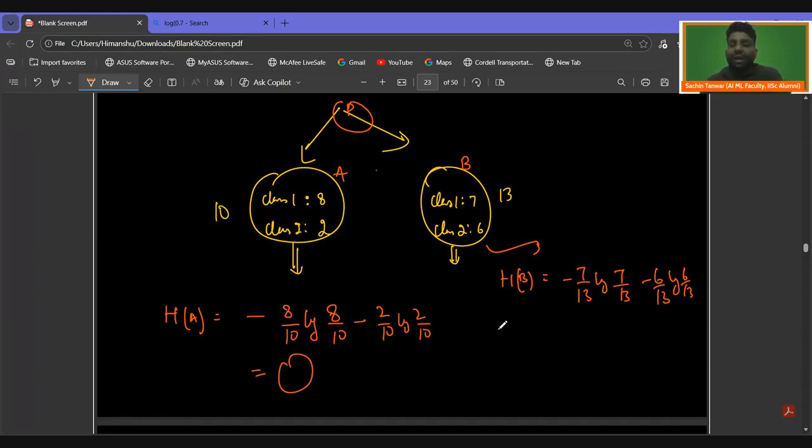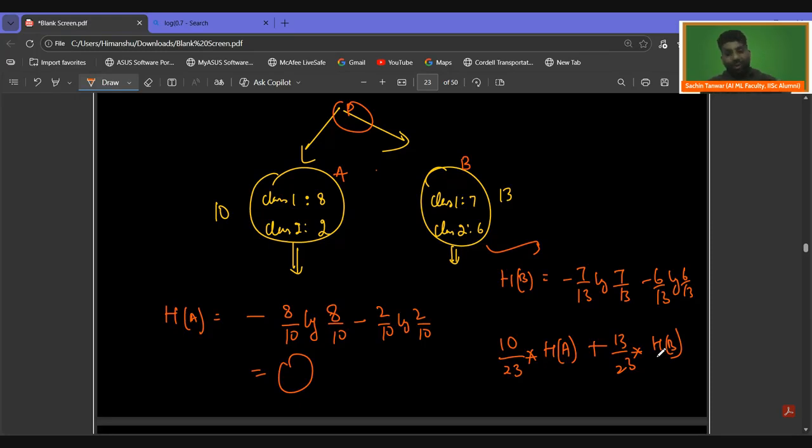So we'll use that. So what would be the weight of this entropy? 10 out of 23 were there. So 10 divided by 23 into the entropy of A plus 13 out of 23 into H of B. This is the entropy you'll get after splitting overall. Okay. And this would be called the entropy because of this particular split, whatever you had.